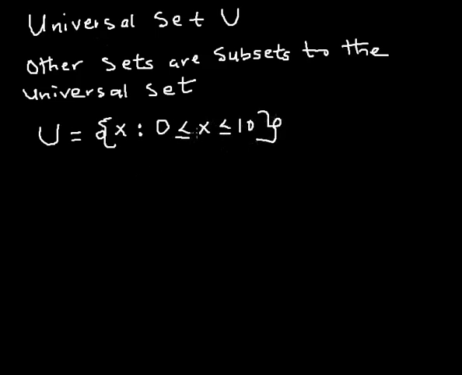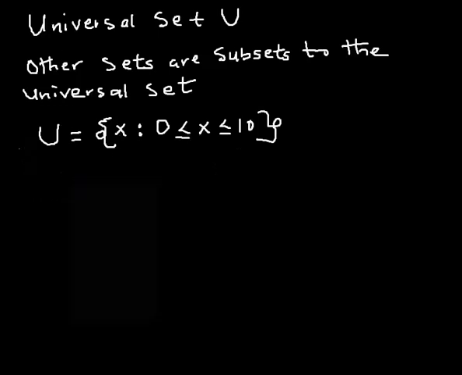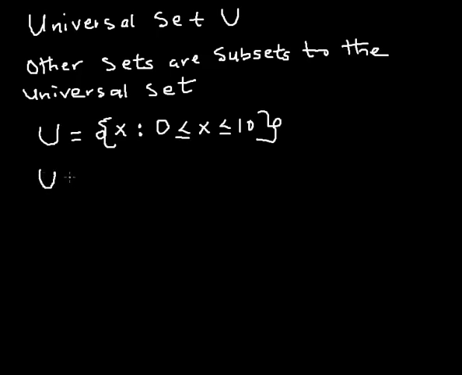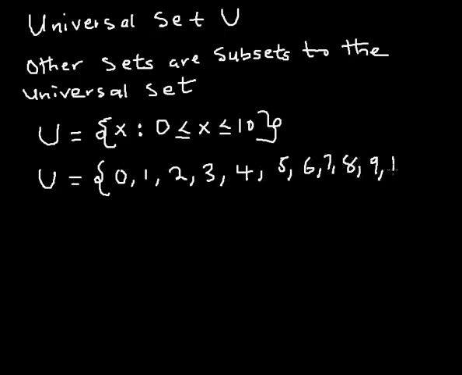That means this is the definition, and you will have to carry all the elements under this definition. This is set builder notation. So let's build U. U now is going to be equal to, that means x will start from 0, so that's 0, 1, 2, 3, 4, 5, 6, 7, 8, 9, and then of course 10.